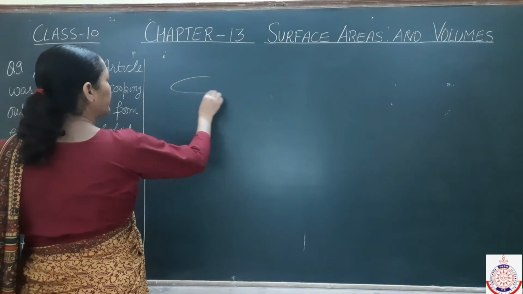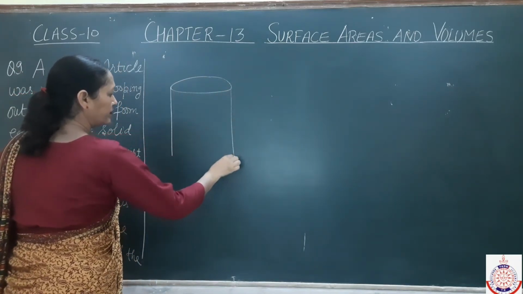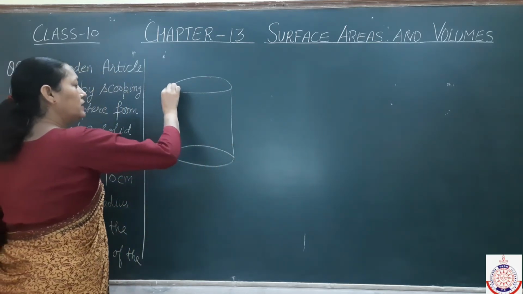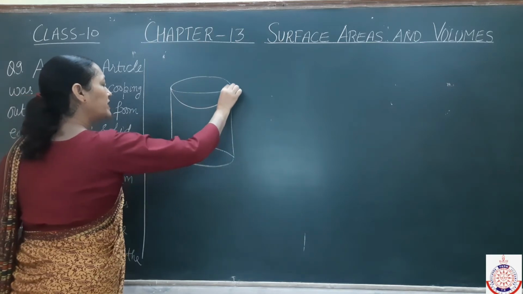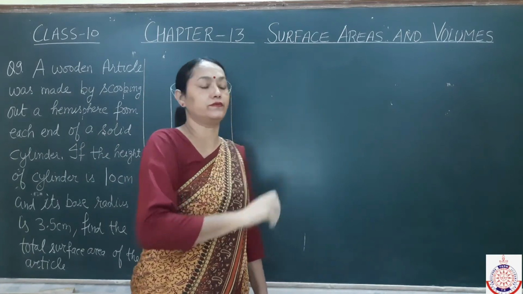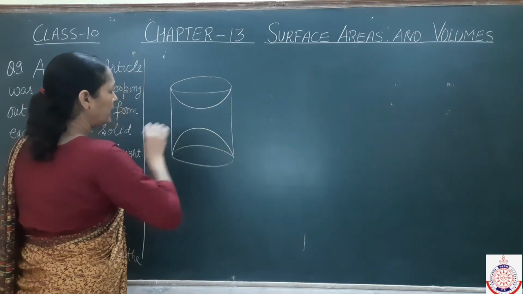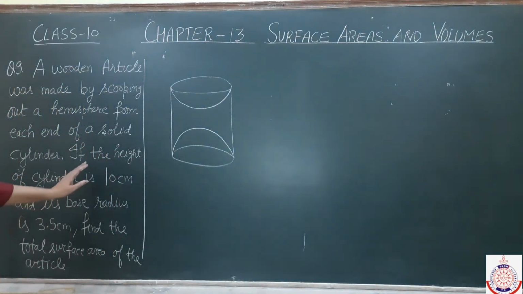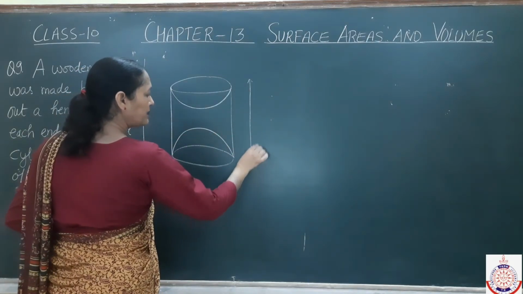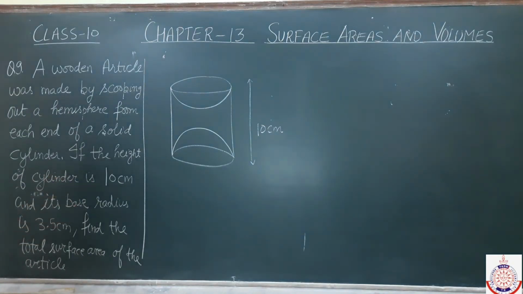The cylinder is given to you, and from both the ends of the cylinder, hemispheres are being scooped out. The total height of this article will be 10 centimeter and the radius is 3.5.